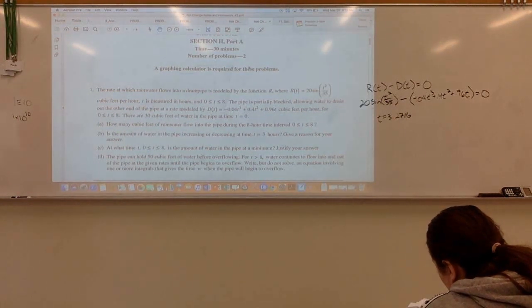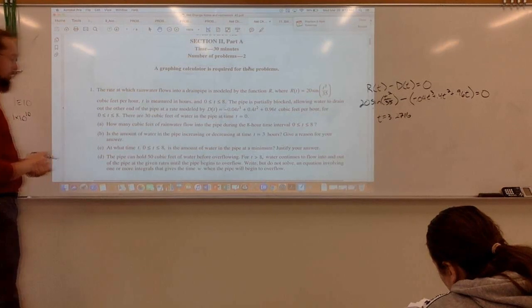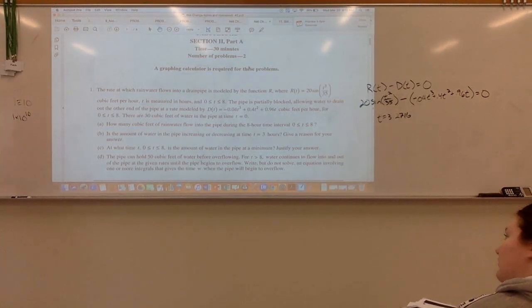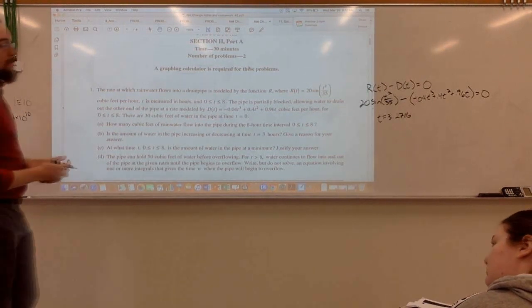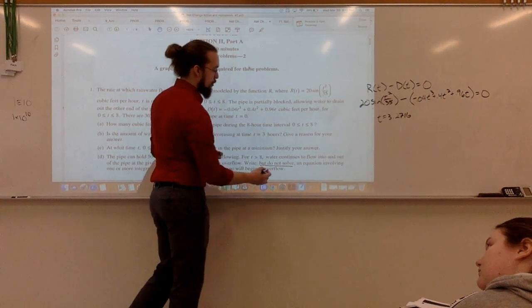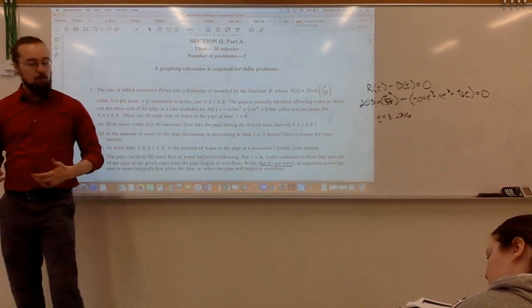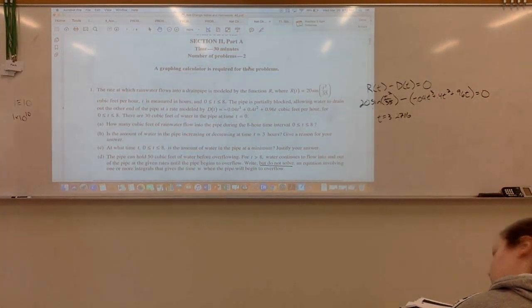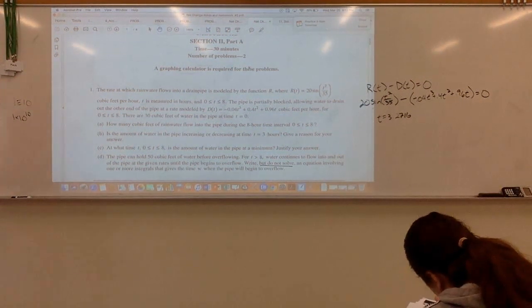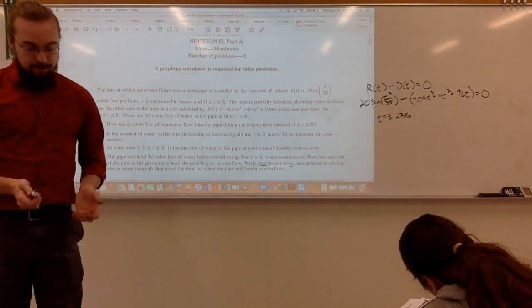Write, but do not solve, an equation involving one or more integrals that gives the time when the pipe will begin to overflow. As we get into the final few things, we're going to see more and more things that say this, like set up an equation or set up an integral, but do not solve it. Okay? So how would I set this up?